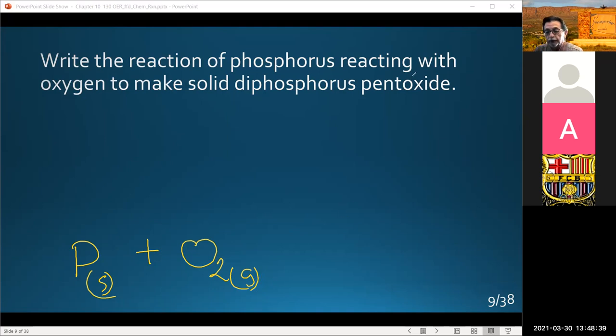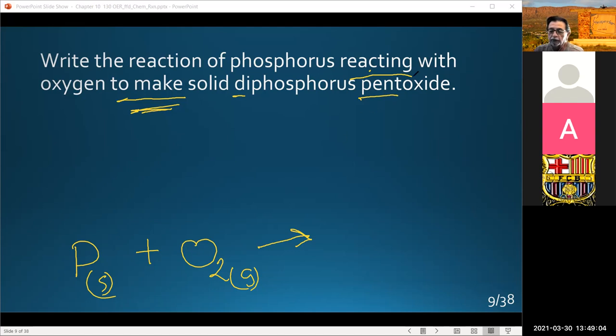So here we have phosphorus reacting, which is our plus, with oxygen to make, which is our key for the arrow, diphosphorus pentoxide. Here we are given the name and we want to write the formula.